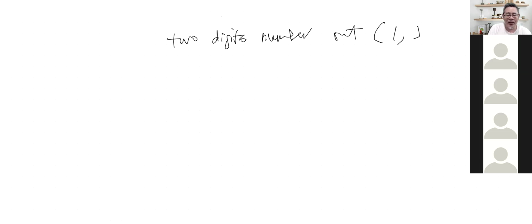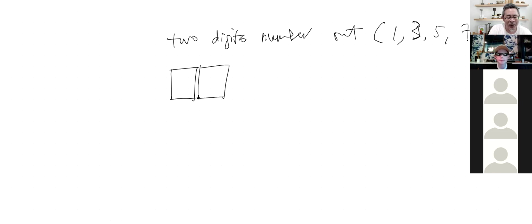Now, if we are doing permutation without replacement, that means for the first digit, we have 4 choices. So that's 4. For the second digit, we already used 1 of those, so we only have 3 left.